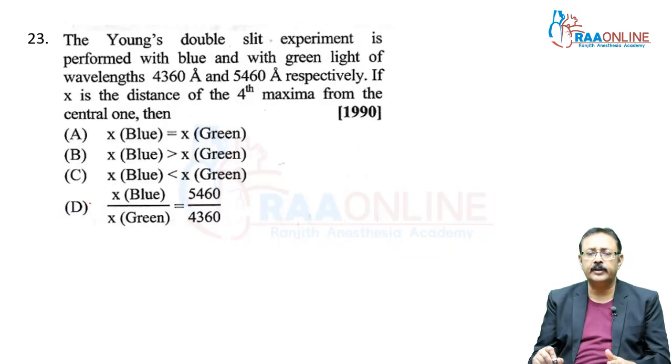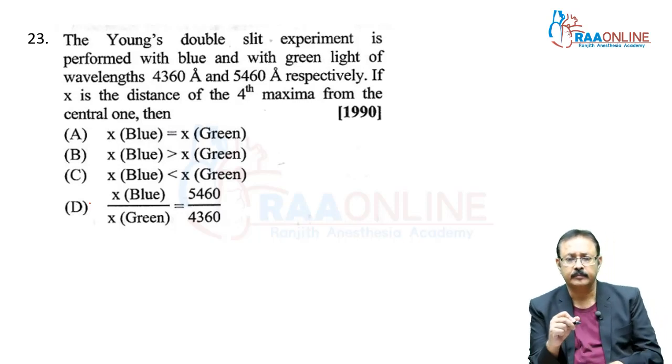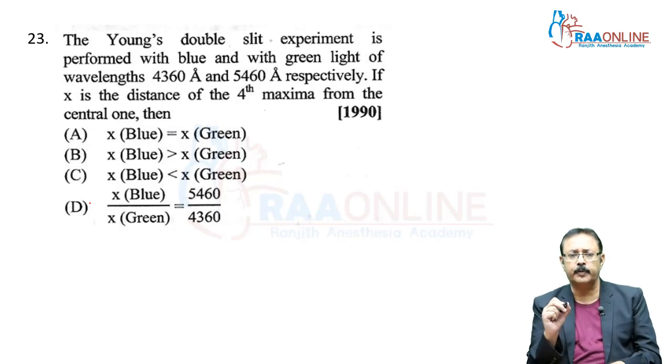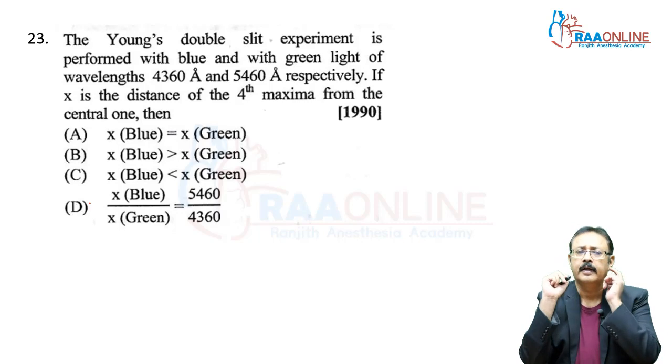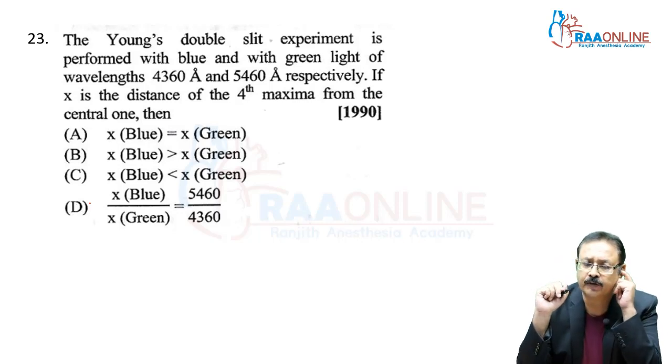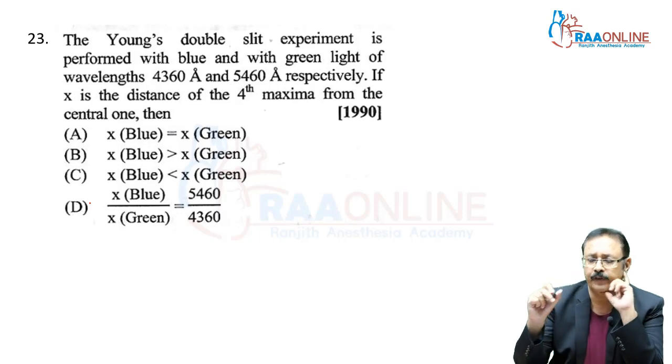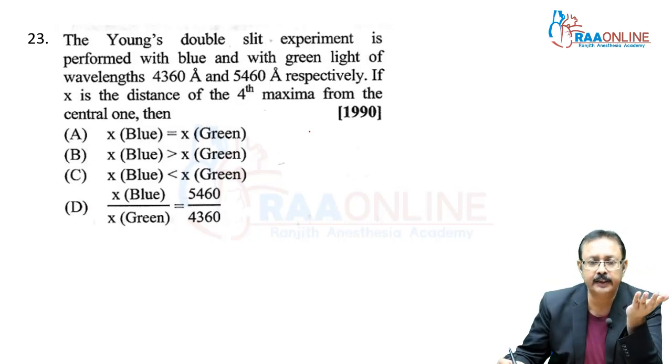Next, it was from 1990 AIPMT. Young's double slit experiment is performed with blue and green light. If x is the distance of the fourth maxima from the central one, then we know that either it is maxima or it is minima.